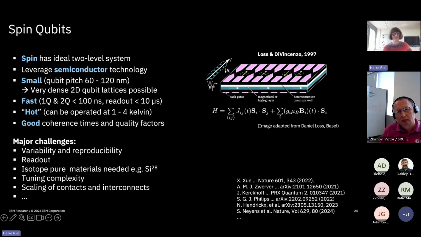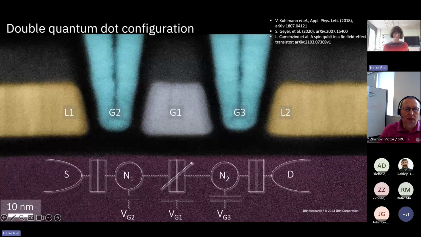Then to reduce the errors, you also need to go to isotope pure materials, for example, silicon-28. And tuning all these gates and the number of gates you need makes it also difficult to scale. But there are also people working on it. There are new concepts coming up, but I don't want to go into full detail.